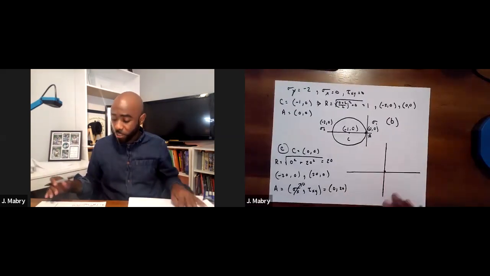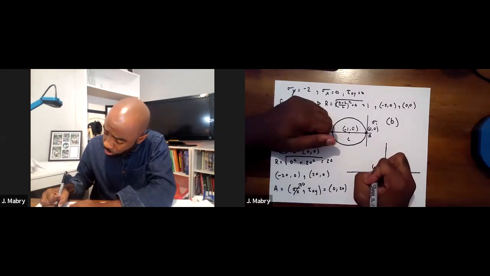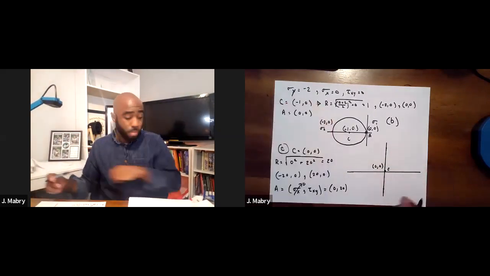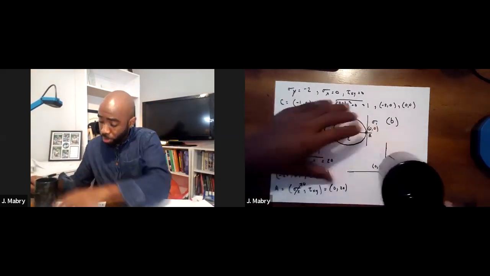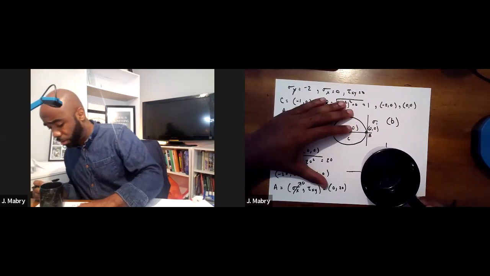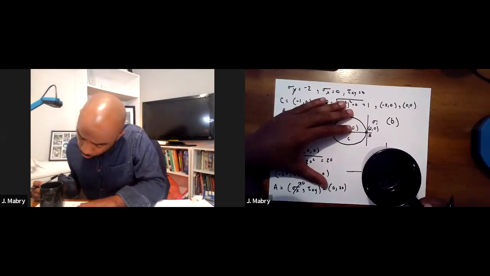There you are. So that's 0, 0. That's the center. Or use my mug this time. Let's see how good I get it on the center. We're gonna work it out.